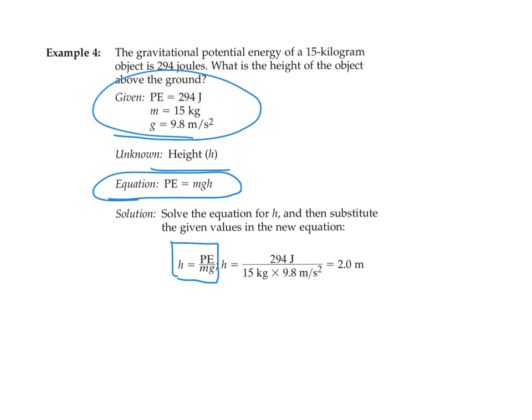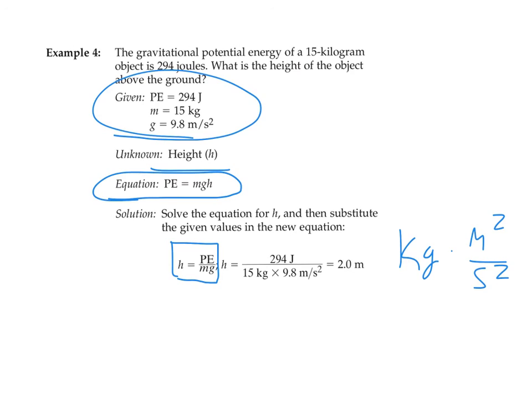In this situation, you would need to write out joules in the long form. Remember, a joule is kg times meter squared per second squared.